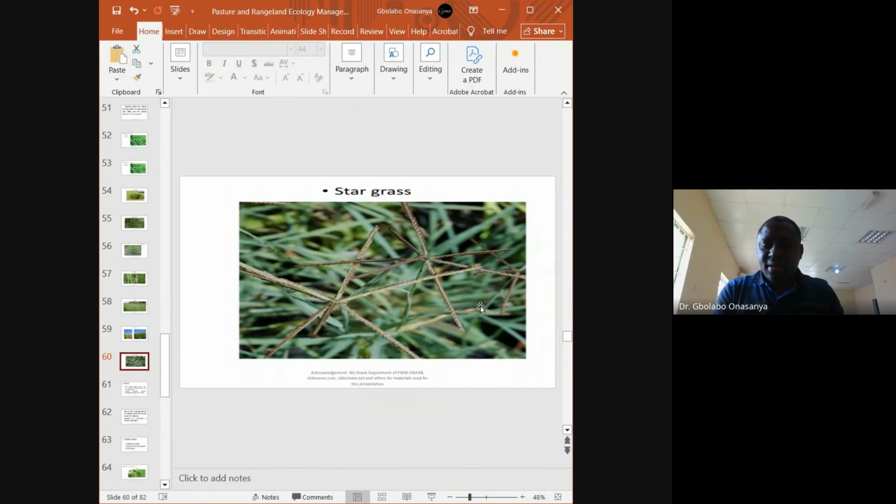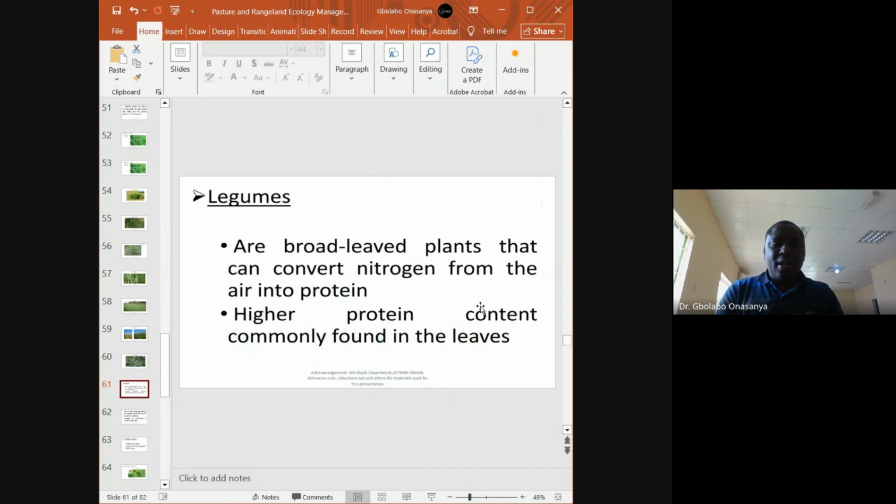Fantastic. You can find this. Legumes are another component that makes forage. So when you hear the term forage, what comes to mind is grasses and legumes. Legumes are broad-leaved plants that convert nitrogen from the air into protein. So legumes provide protein for our animals.